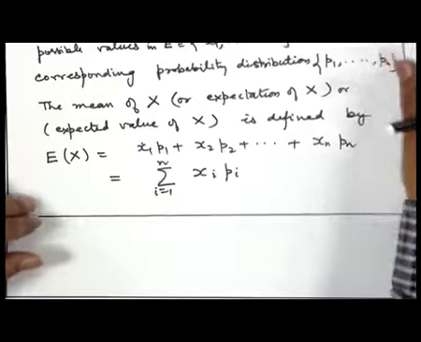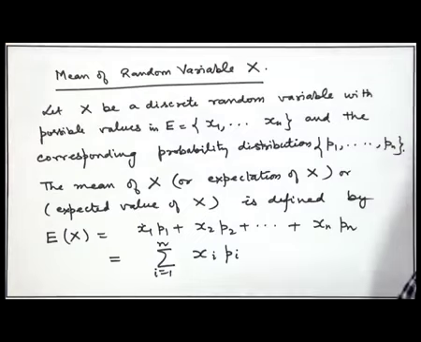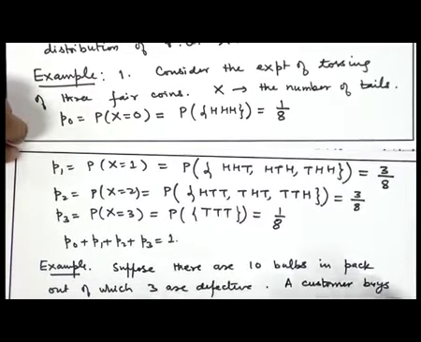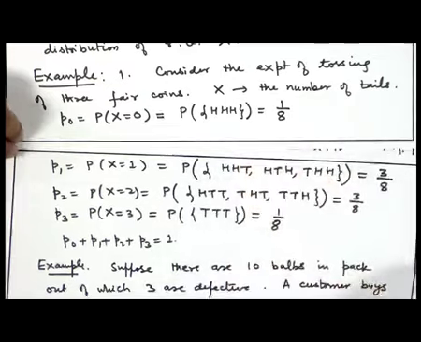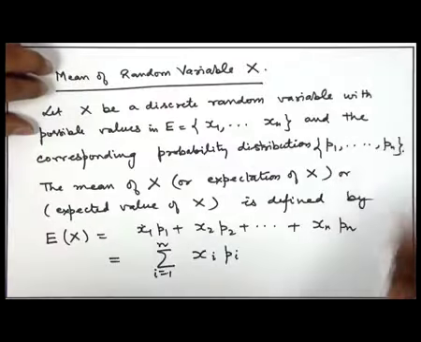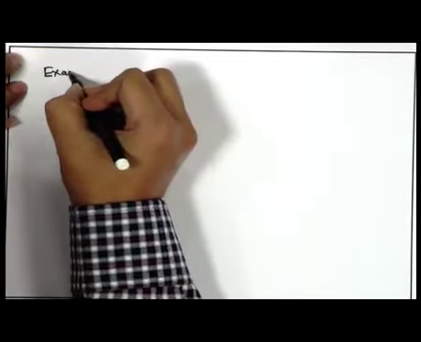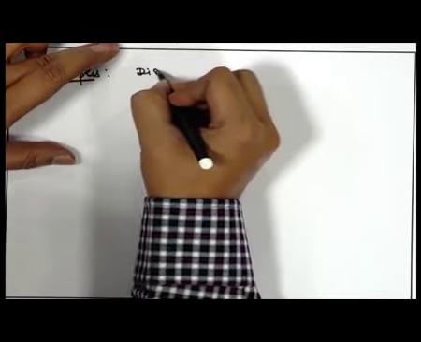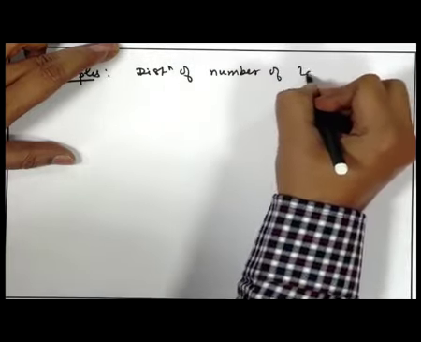So, let us look at the distributions that we have done. We had this distribution of the number of tails in the 3 tosses of a coin. Let us look at what is the mean here. Distribution of number of tails.